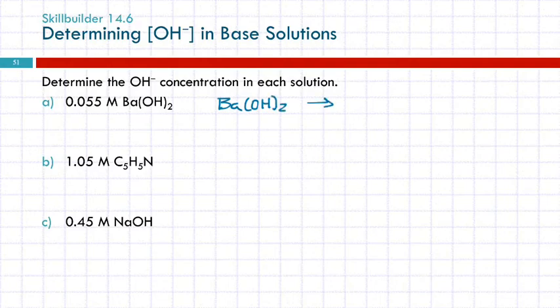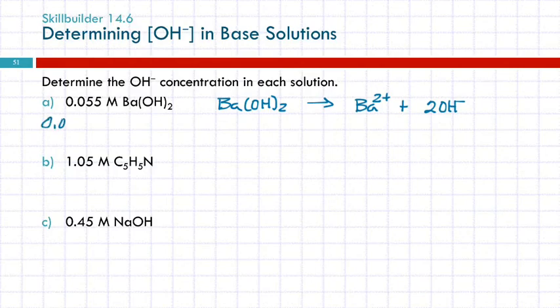When you dissolve that in water, you get a barium ion, and how many hydroxide ions? 2. So the number of hydroxide ions is twice the number of the original units that you dissolved. So it's 2 times this.